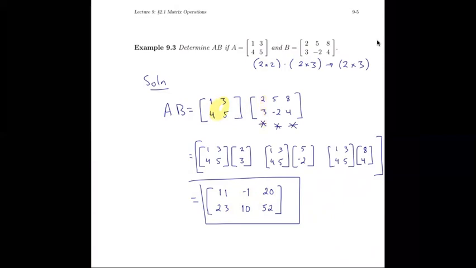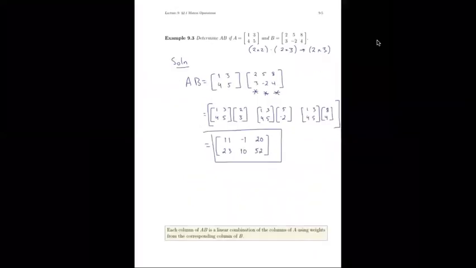We have 1 times 2, then 3 times 3, but then what is multiplied by this extra number down here? There's nothing to multiply against. It would be an undefined matrix vector product. So remember, that's the number of rows here matching the number of columns. So columns of A, rows of B. That's why those numbers have to match.